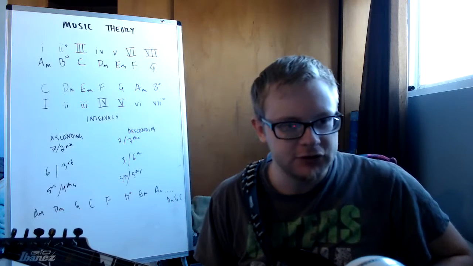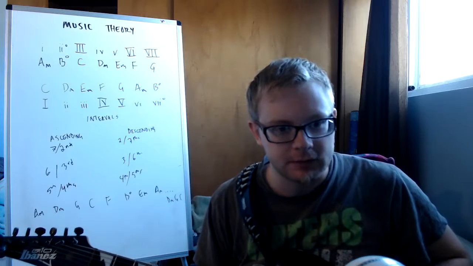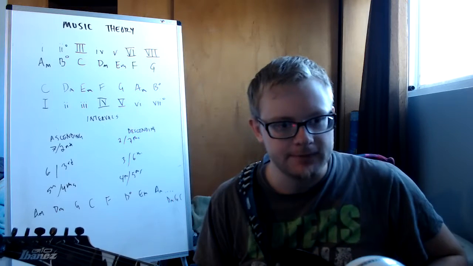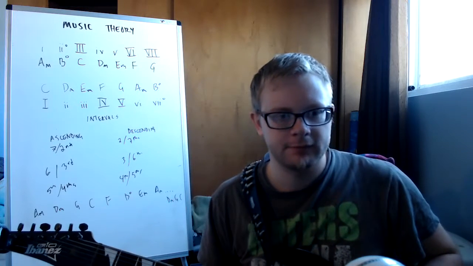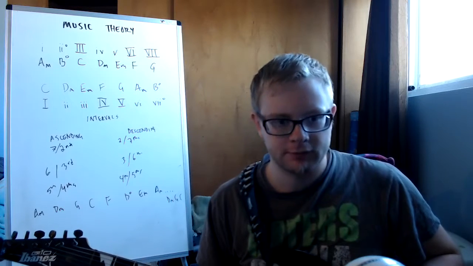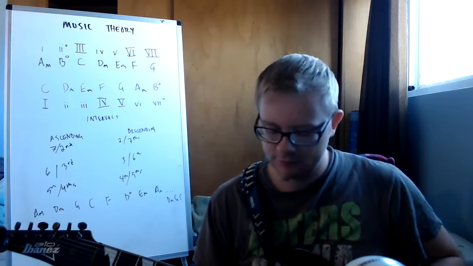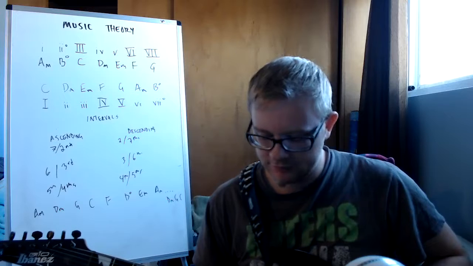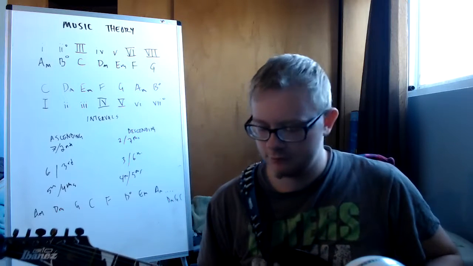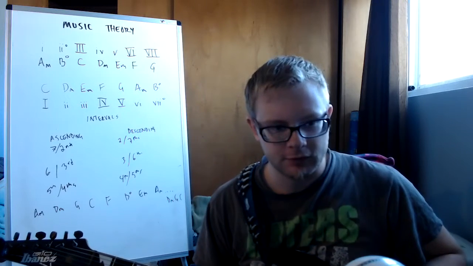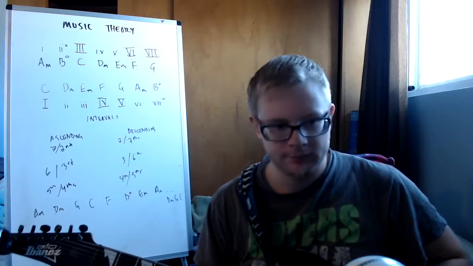Finally, we'll try the C major, forwards and backwards, ascending and descending by fourths and fifths. So here's C to F, B diminished, E minor, A minor, D minor, G. That sounds really nice. So one more time, forwards.